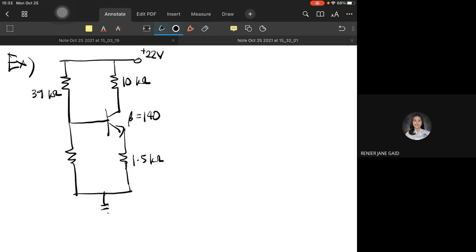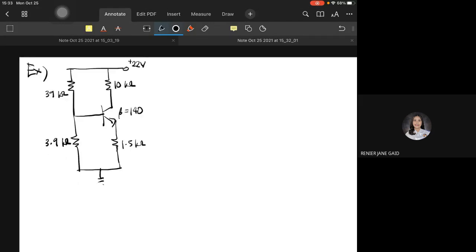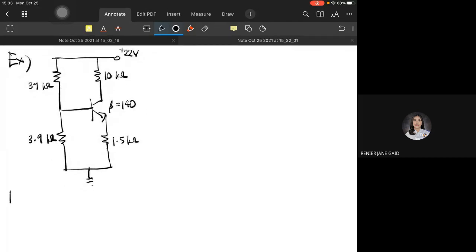RB2 is 3.9 kilo ohms. So let's try to calculate all the currents, IB, IC, IE, and the voltage VCE.